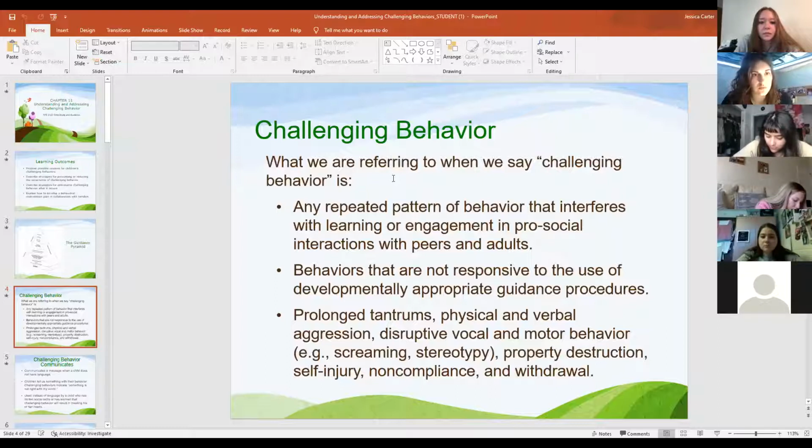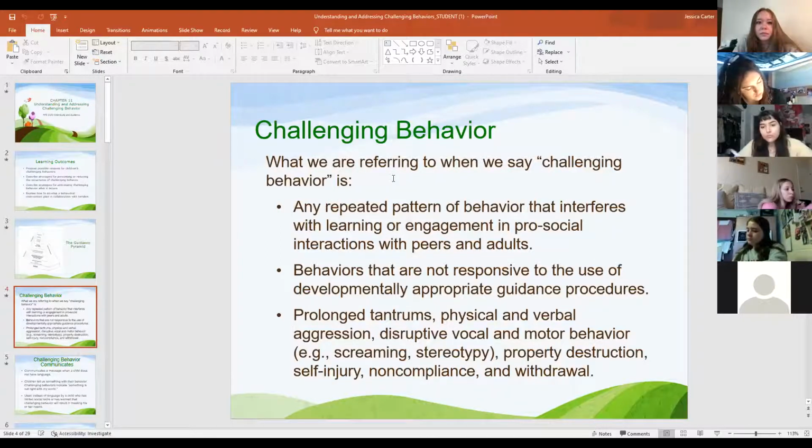Of course, there are going to be moments where children demonstrate frustration or lack of active engagement in the classroom. It becomes a challenge when it is happening frequently, and perhaps we don't necessarily see the bigger picture of why it's happening. Or maybe we do see the bigger picture of why it's happening and we're kind of at a loss for how to help guide it in a different direction.